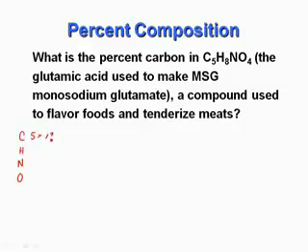So just to review what we did in the previous section, we would find our molar mass by adding up the individual molar masses of each of the atoms that's in the compound.